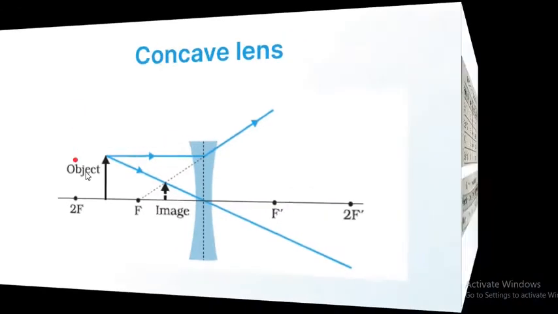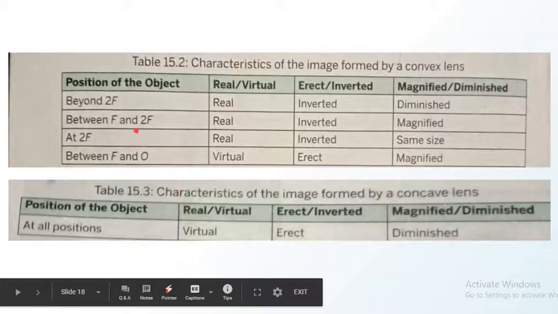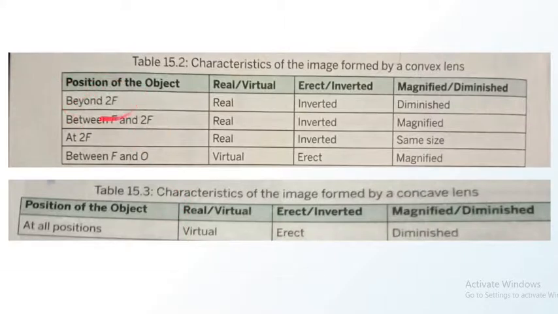So, for a convex lens, when an object is placed beyond 2f, a real, inverted and diminished image is formed between f and 2f. And when an object is placed between f and 2f, a real, inverted and magnified image is formed beyond 2f.